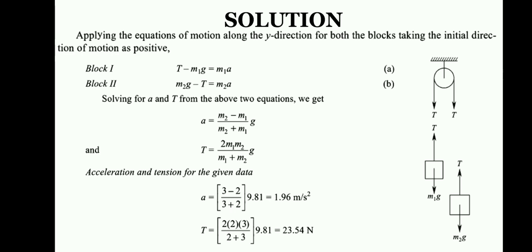Then the tension in the string is taken as T. In the case of m1, the tension is in the upward direction, and weight is in the downward direction.